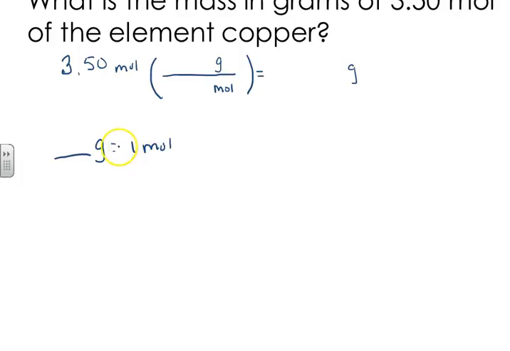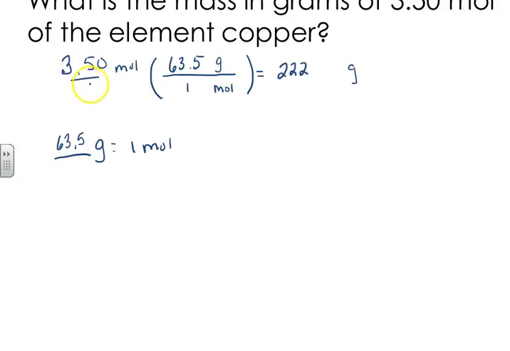Copper on the periodic table is element number 29, and it's going to have a mass of 63.5 grams, equivalent to 1 mole. So we can then let these numbers follow in our conversion factor, 63.5 grams to 1 mole. And that gives us 222, and that is the 3 significant digits.